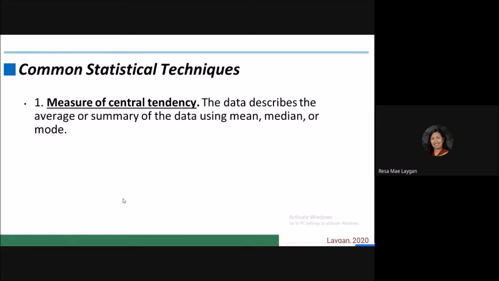It can be through the mean, or the average, or the median. The median is very applicable, especially if you want to address the outliers, or the data that is far away from the center or from the common data, or the mode, the usual data that you observe from the observations. So that is for the measure of central tendency.